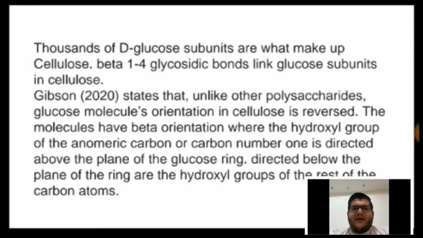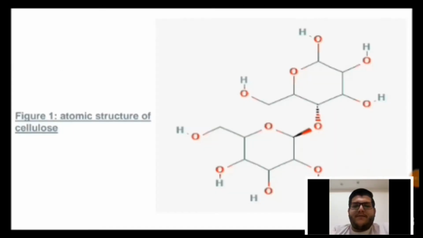Directed below the plane of the ring are the hydroxyl groups of the rest of the carbon atoms. We see in figure 1 the atomic structure of cellulose.